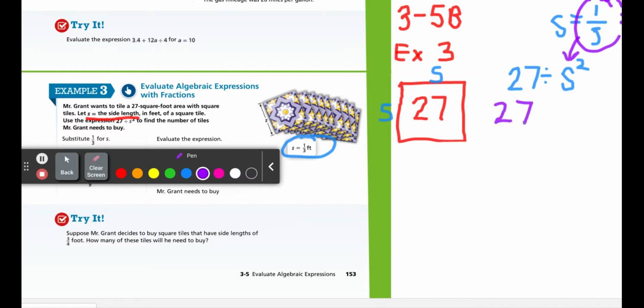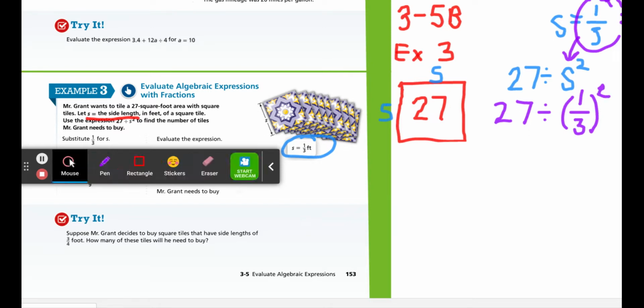So if we're evaluating an algebraic expression and they give us a value, we no longer want that variable there. We only want the value. So notice how I put that fraction in parentheses because we're going to have to square the whole fraction. So we have 27 divided by 1/3 squared.